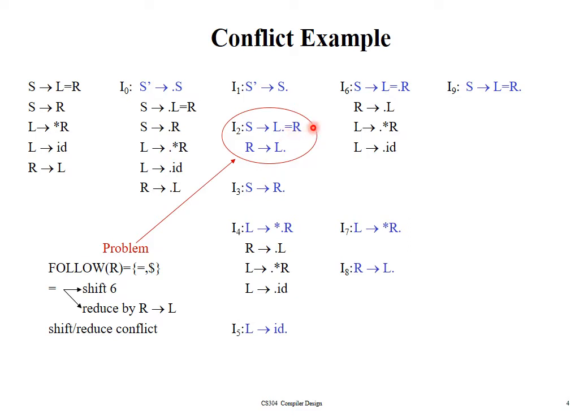And we have to write that R5 corresponding to 2 under the follow of R. Follow of R is equal to and dollar. So under equal to, we have already written S6. In the same place, another entry comes, so we have to write this R5. So this is actually an example of shift reduce conflict.